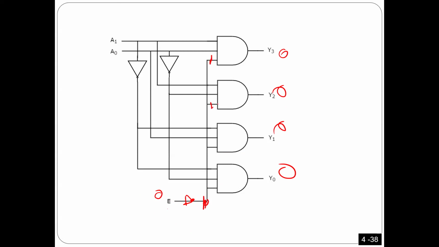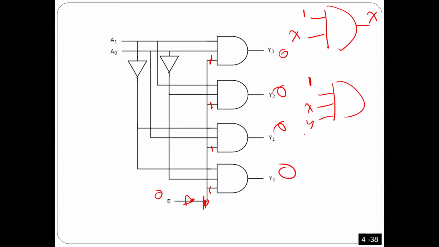And you already know how AND works: if you have 1 and you have x, I will get x. If you have 1 and you have x and y, you get x and y. So if it is 1, it doesn't do anything, but if it is 0, I will get 0. This is how AND works. Any questions?